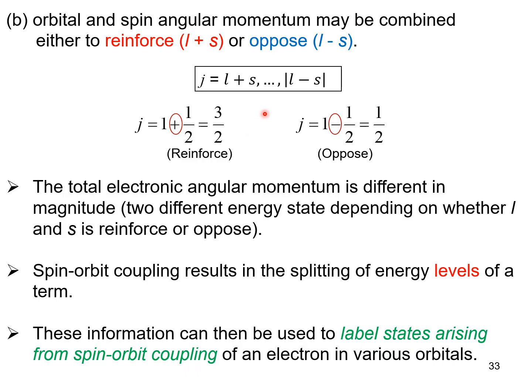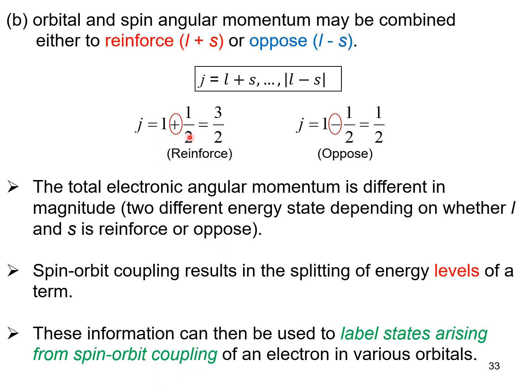Sometimes we will have situations whereby the maximum value and minimum value are some distance apart, then we have to take L plus S minus 1 and get the middle values until it comes to the minimum value. So the total electronic angular momentum is different in magnitude, giving two different energy states depending on whether L and S are reinforced or opposed.